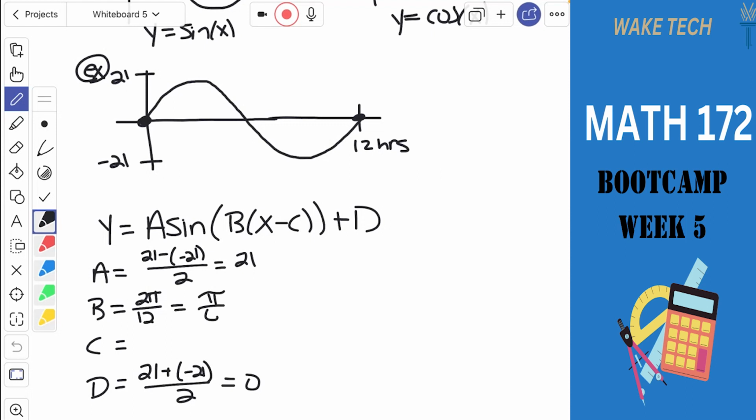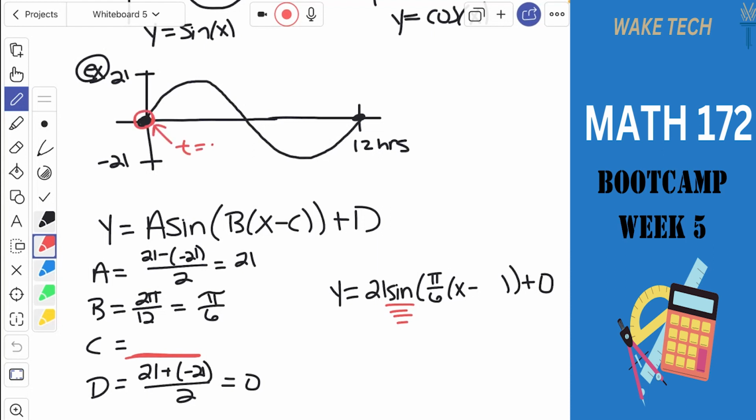So we're mostly there. Y equals A sine B x minus C, we're going to come back to C in a second, and then plus D, which is 0. C, that's the starting point of the cycle. So we've already identified that we're going to use a sine cycle. The time when that cycle starts is the C value we need to put here. But that sine cycle starts at a time of 0.